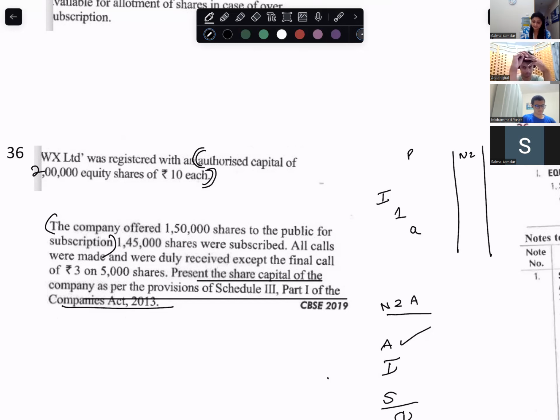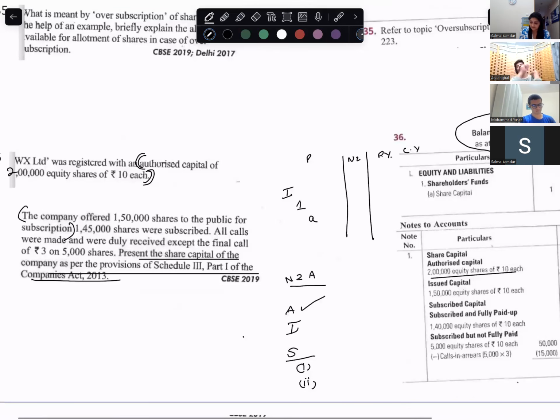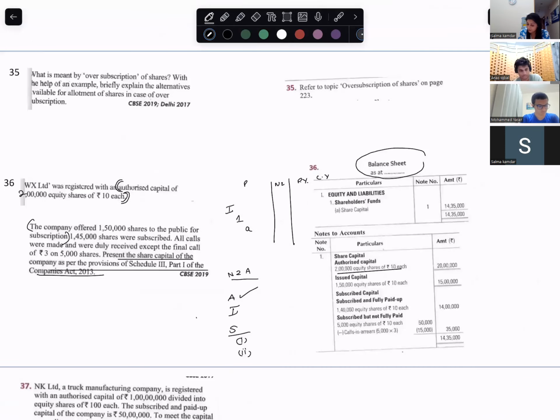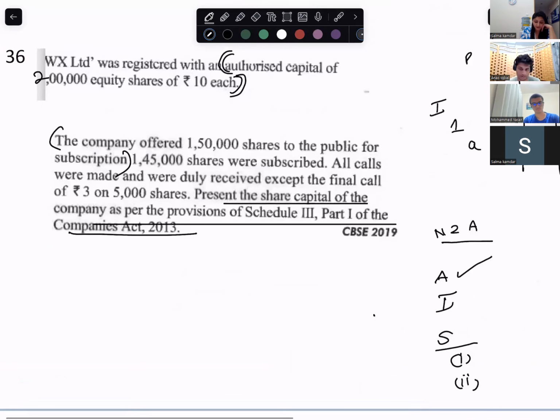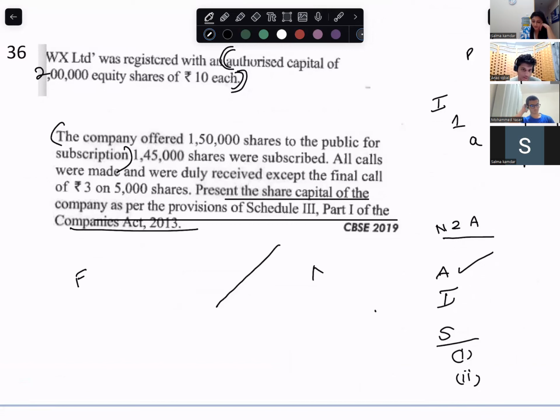Total 15 lakhs. Don't forget to put 2 lines. Then in subscribed, you have subscribed and fully paid up and not fully paid up.